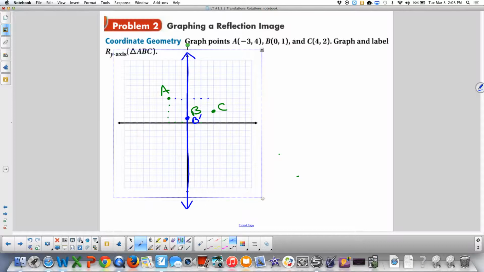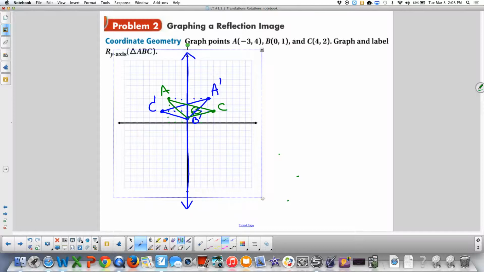So it goes 1, 2, 3 in the opposite direction to get A prime. C is on the right, so it's going to travel to the left 1, 2, 3, 4 to get C prime. So it gives us this triangle, and it's been reflected over the y-axis.